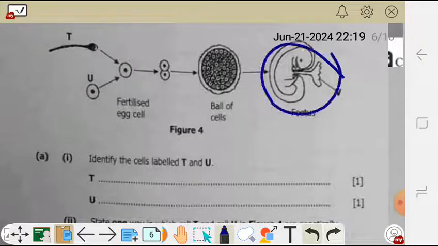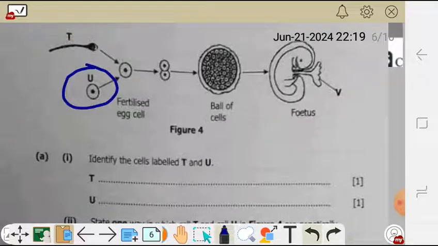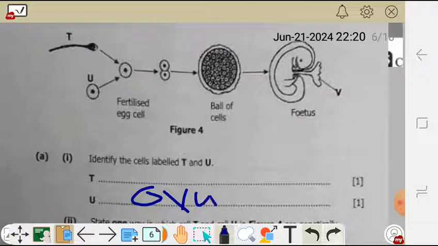So formation of fetus, two cells are involved. What are those? The sperm, which has a tail. You have that flagella there, which is a tail. Then we have the ovum here, which is U. So T is the sperm and U is the ova, or we say ovum.